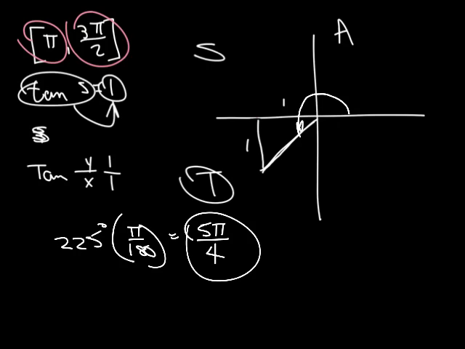So 5 pi over 4 is the exact answer when the tangent of s is 1. So basically what I'm saying is the tangent of 5 pi over 4 is 1, or the tangent of, in degrees, 225 is 1. But this is what they want since we're talking about circular function values. Okay, so that's it for lesson 3.